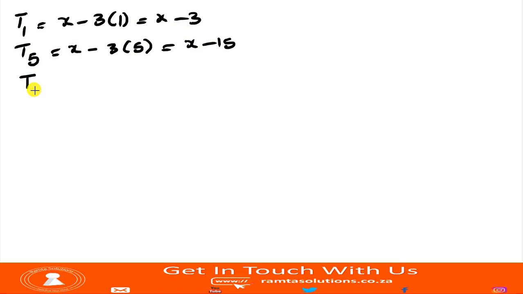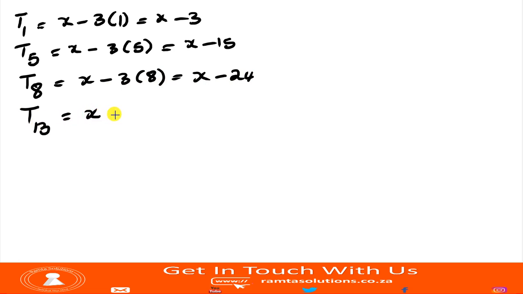Again, let's look for term 8. Term 8 will be x minus 3 into 8. This is 24, right? So this is x minus 24. Lastly, term 13 will be x minus 3 into 13. This will be x minus 39, I believe.